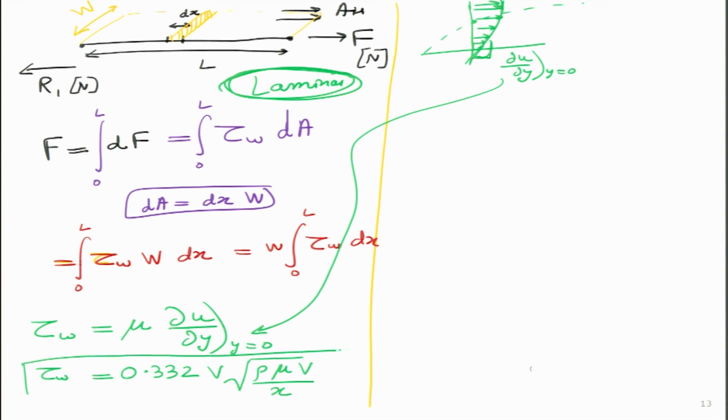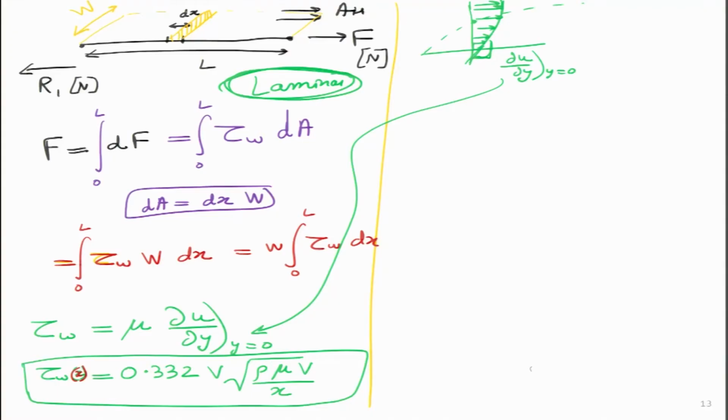So essentially even the wall shear stress, I can put an x over here, tau w of x, because it is a function of distance, which means as the fluid moves forward over the plate, it is experiencing different shear stress at different points. And the interesting thing is, it varies by 1 by square root of x. The thickness of the boundary layer was varying with square root of x, the shear stress is actually varying with the inverse of the square root of x.